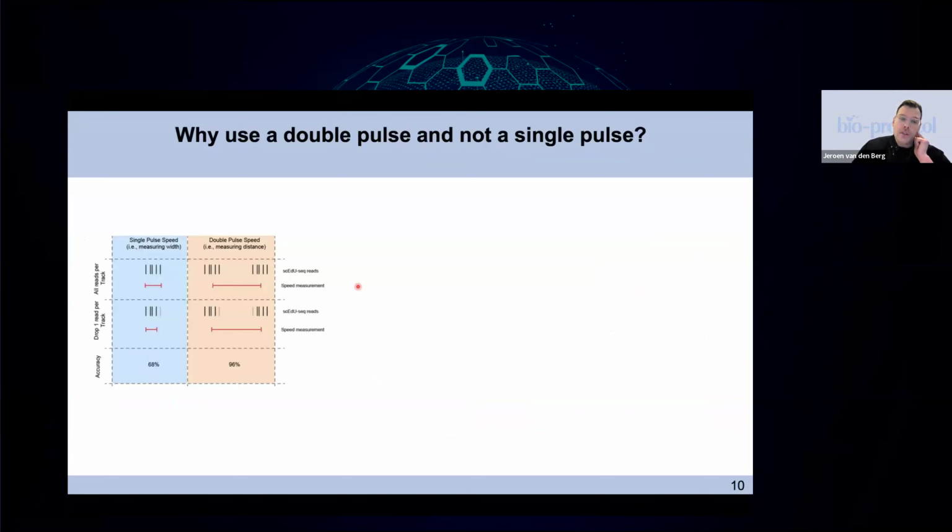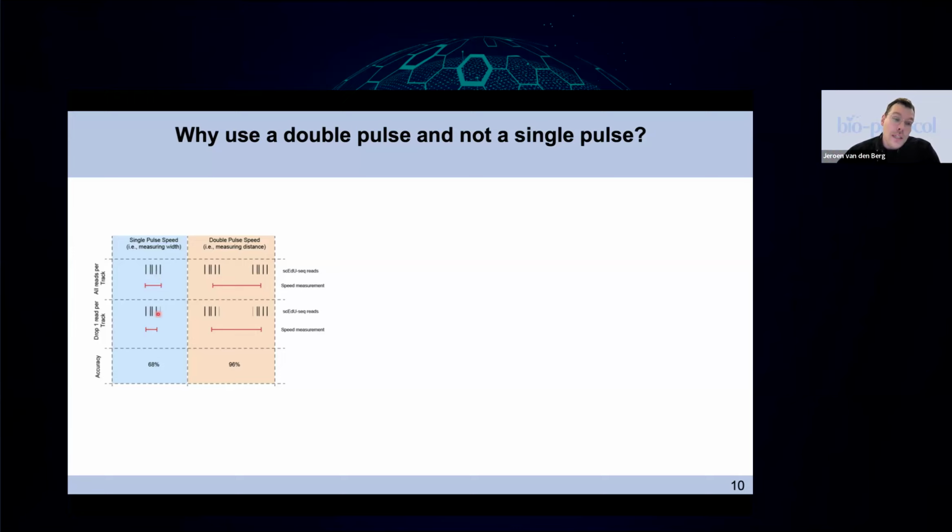First, I want to explain why we chose to do a double pulse experiment and not a single pulse experiment. You can imagine that with a single pulse experiment, you can measure the width of, so these now signify single reads. For a single pulse, you can measure the width, and the width would be the speed at which this fork progresses through the genome.